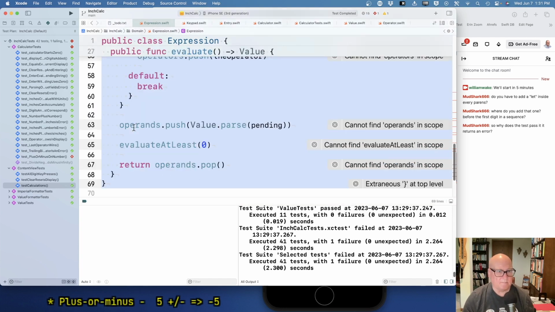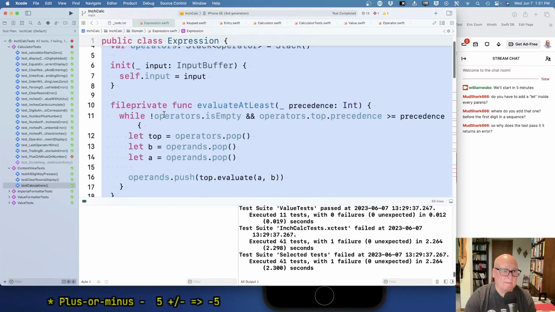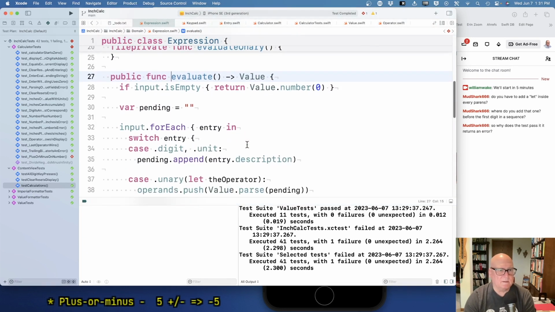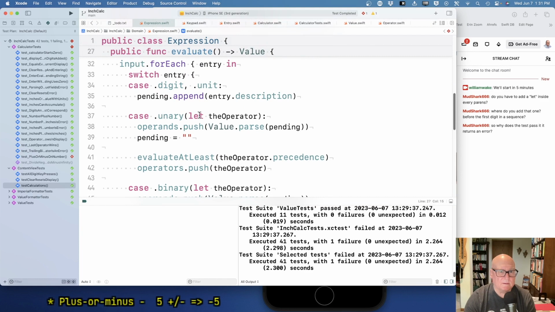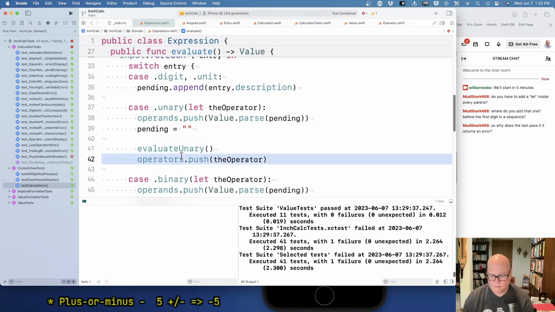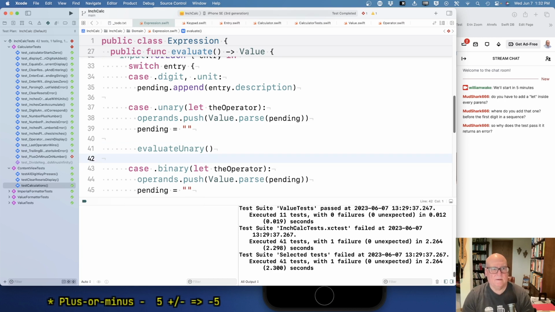Okay. Hey, unary, good. Okay, let the operator. Well, that's okay. Evaluate unary. Okay, and then push the operator? No, we've evaluated it. Okay.